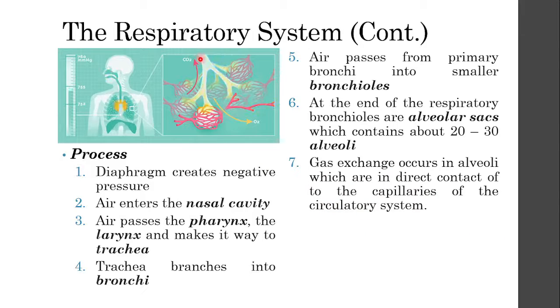And when the oxygen travels, as you can see this O2 right here, and enters our alveoli, then via their physical contact and because of the thin membrane of our capillaries, the O2 molecules will then diffuse from the alveoli papasok din sa mga capillaries. That's how the gas exchange occurs.